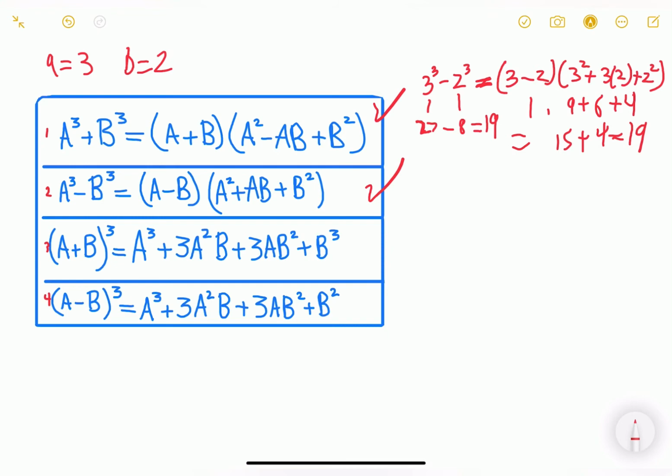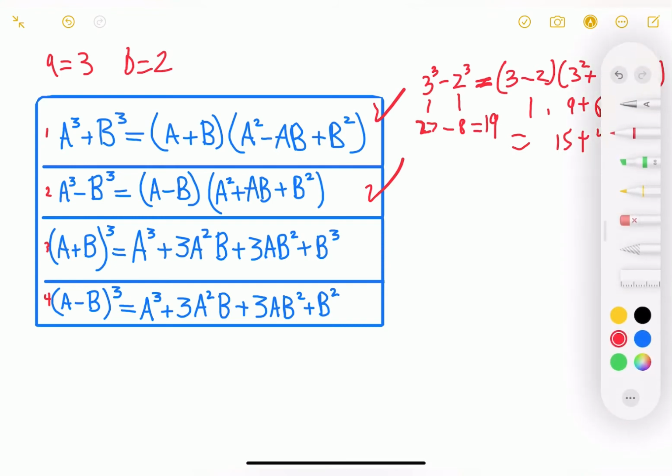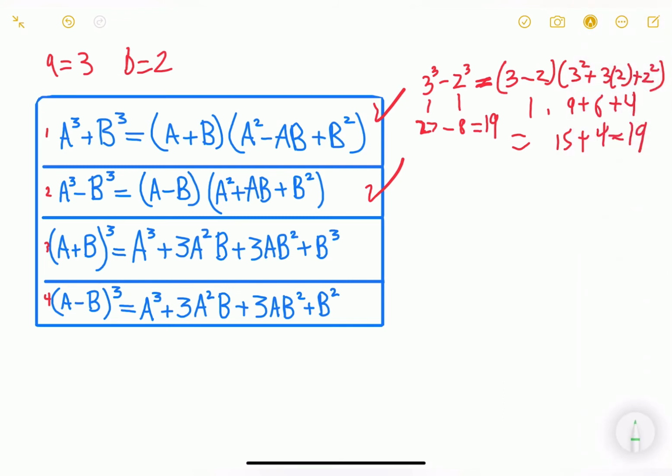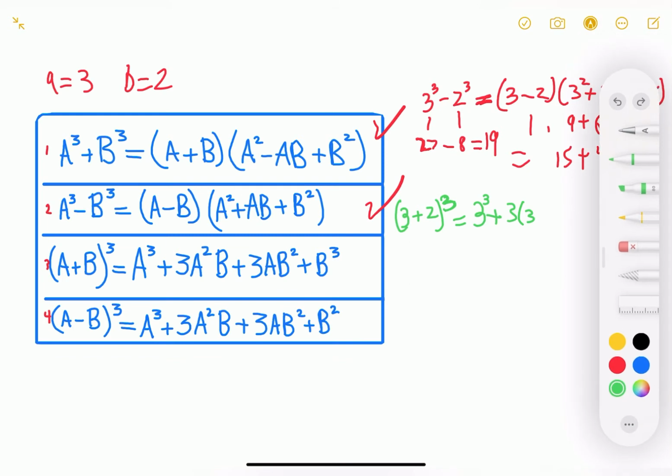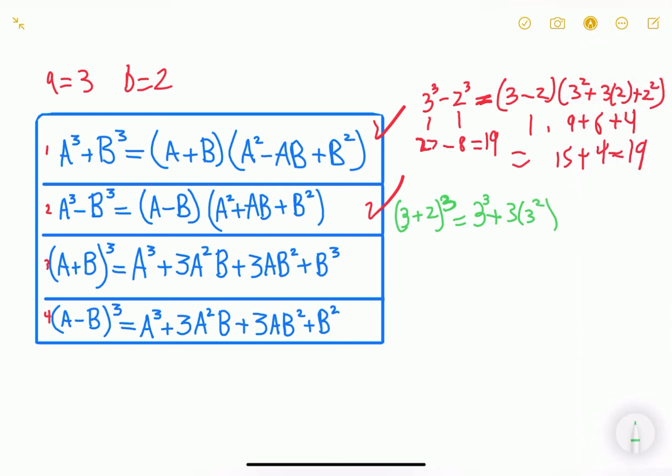Okay, now let's test out number 3. We're going to change the color and keep the one above. Okay, so number 3 says 3 plus 2 squared, or no, it was cubed. Sorry, my bad. Cubed equals 3 cubed plus 3, and then we said a is also a 3, but this time we're going to put it inside.